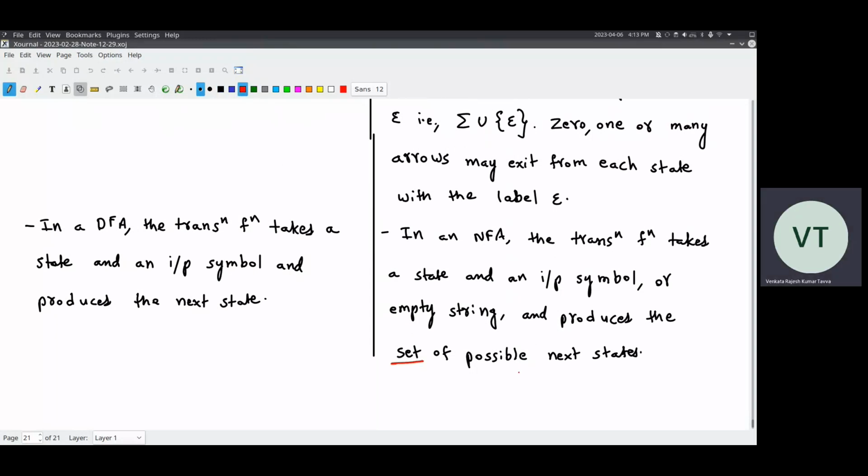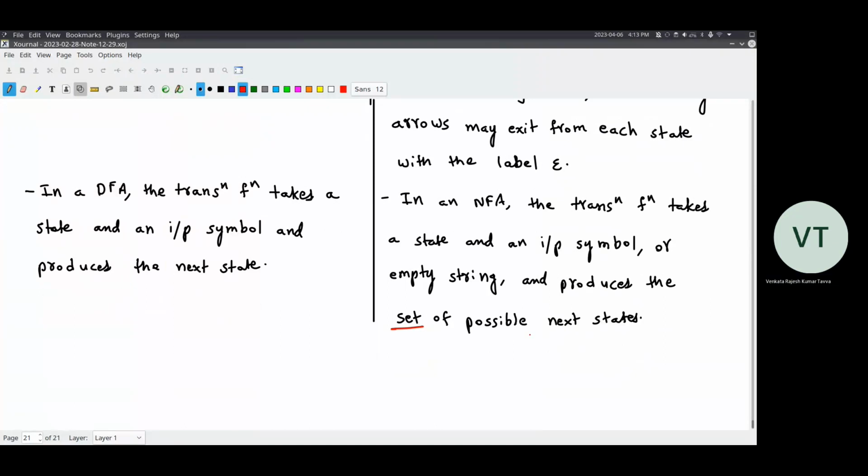The important thing is it's a set. In DFA, it is one state, whereas in NFA, it is a set of states. All right. Okay. So is it clear?